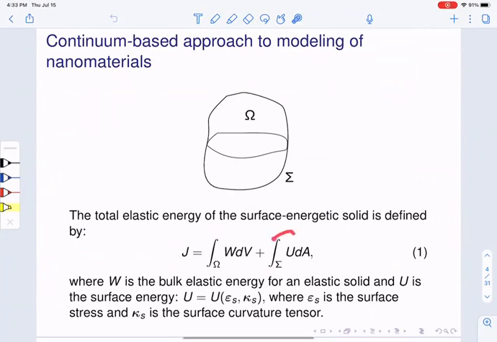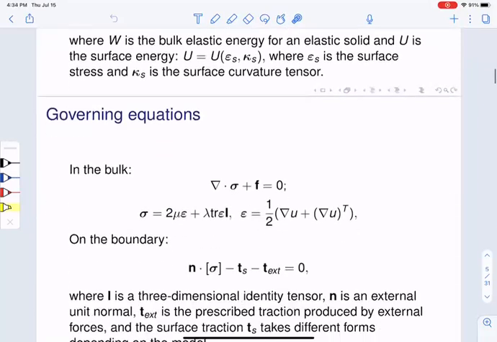On top of that, we add the surface energy. In my talk, the surface energy depends on the surface strain tensor and on K_S, which is the surface curvature tensor. So it depends on these two tensors.